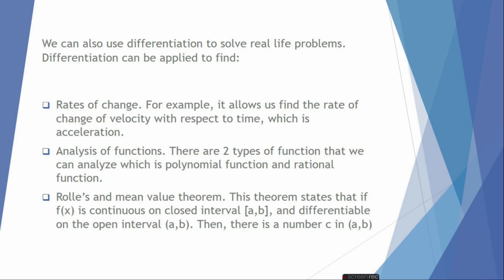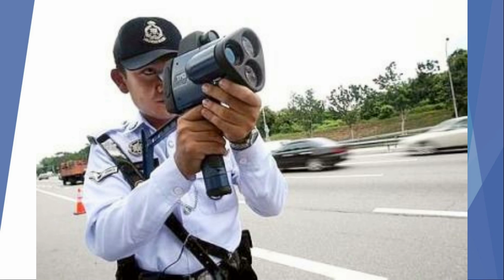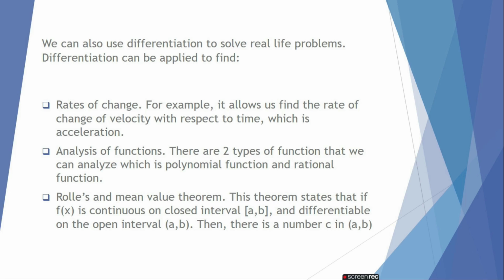The truck arrives at its destination in 2 hours, but at the end, he is issued a speeding ticket. This is because the truck travels continuously and the speed changes. So at one point, the truck must exceed the speed limit.